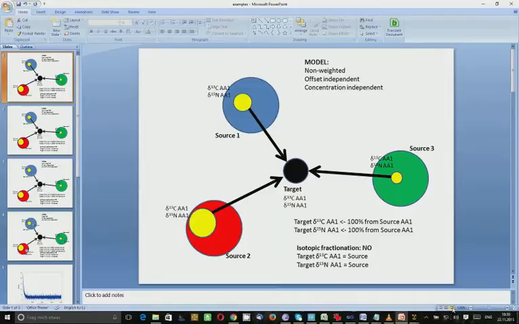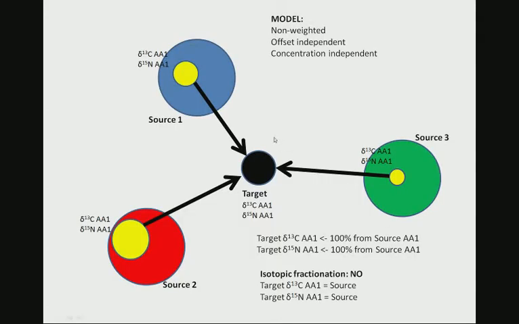So let's imagine the following. Let's imagine that you have a target, and you have three sources, source 1, source 2, source 3. Now let's imagine that in your target you measure two proxies.